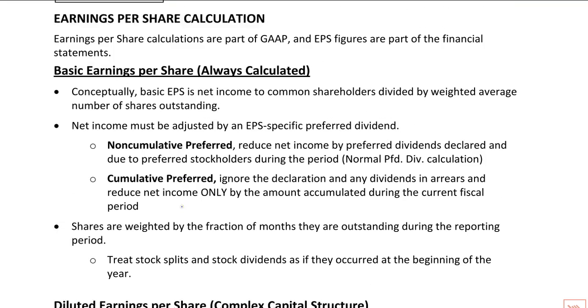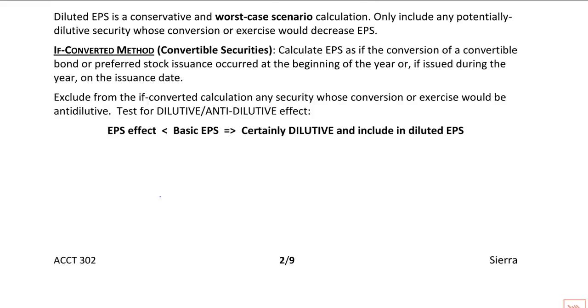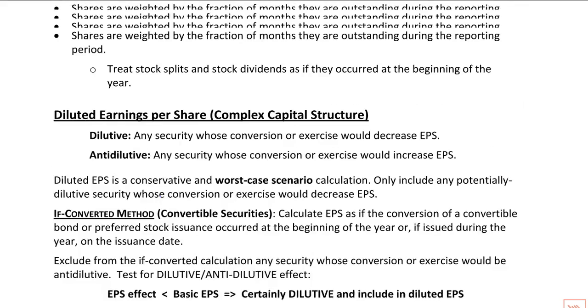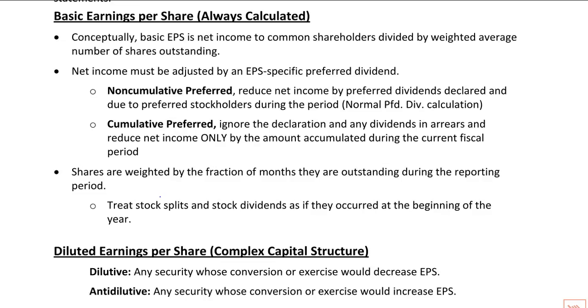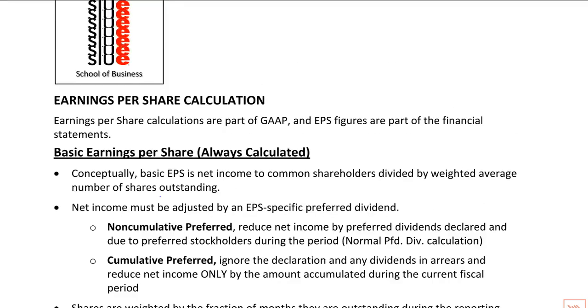Okay, so let's look at the basic earnings per share calculation. I didn't put a visual formula up here, so let me just write it out in a little space.